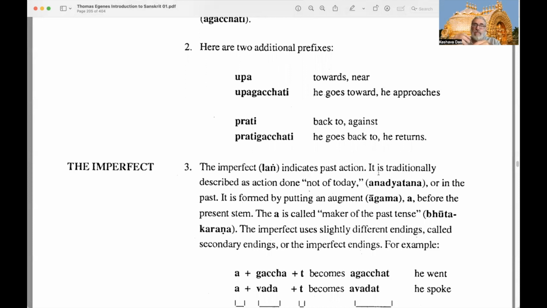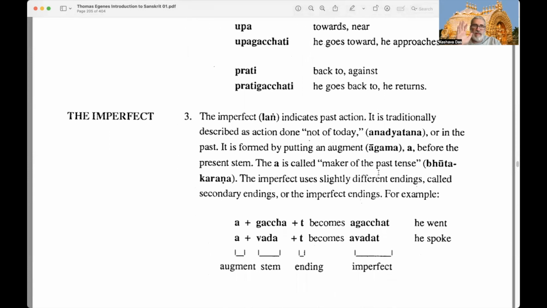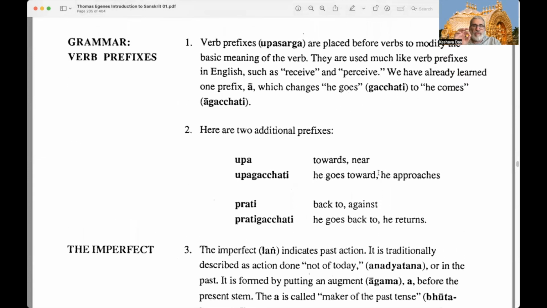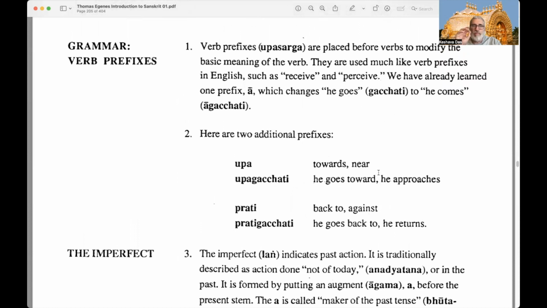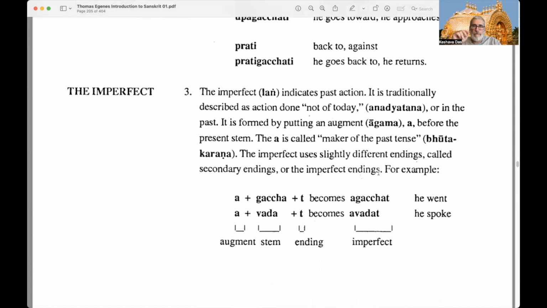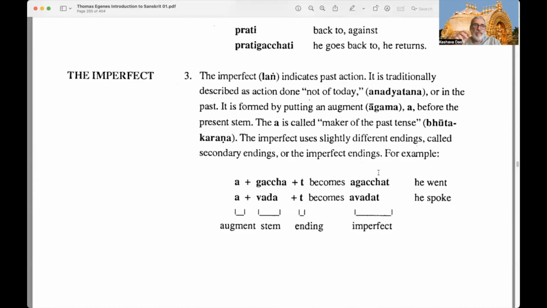So upagachati means he goes towards or he approaches. Prati means to go back or to go against. So pratigachati means he goes back or he returns. So he's introduced two more upasargas, two more verbal prefixes, which can help us change the meanings of verbs when added to the root of the verb.